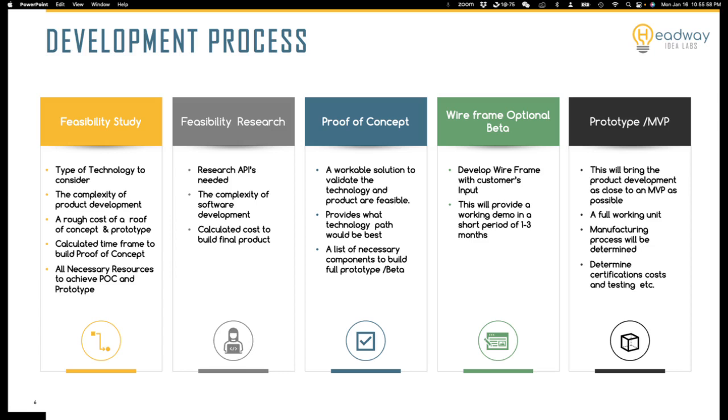Then you're looking at HIPAA compliancy, which both Microsoft has servers that handle that, and so does Amazon AWS. So again, feasibility study for hardware, feasibility research for software, proof of concept for hardware when you want to prove that the concept will work, and then wireframe optional beta, which is for software, and then your prototype MVP, both whether software or hardware are working versions.